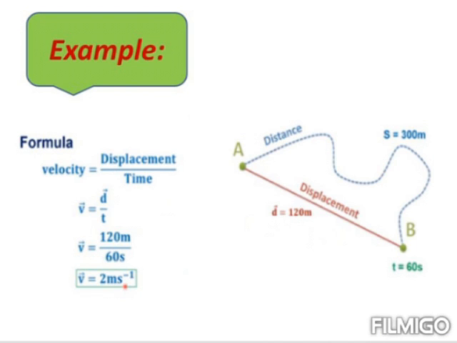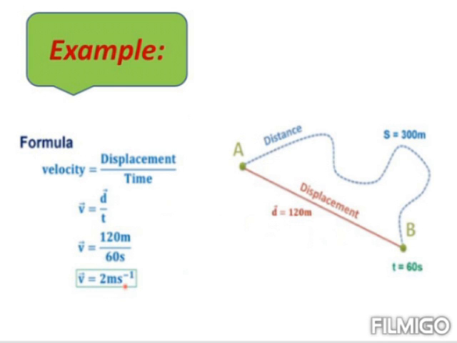Okay students, here is a numerical example to find the value of velocity. As you can see in the figure, there are 2 points, A and B. There are 2 lines. The first one is in blue color and the other one is in red color.